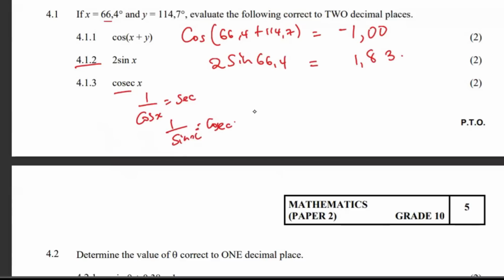So I'll say 1 over the sine of 66,4, which is 0,9164 and so on, which means my final answer is going to be, closing that bracket, 1,09.